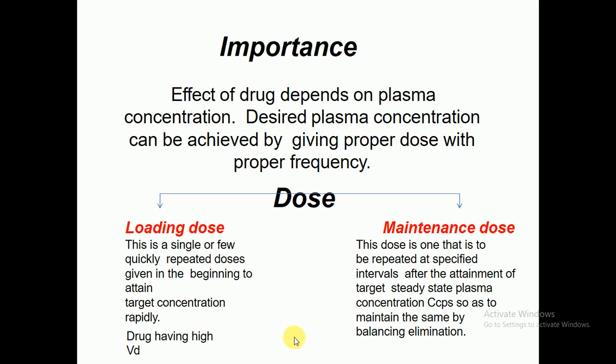So look here, this is dose, and it can be further divided. One is loading dose and the second one is maintenance dose. Loading dose can be defined as a single or a few quickly repeated doses given in the beginning to attain the target concentration rapidly. For example, drugs having a high volume of distribution, VD.